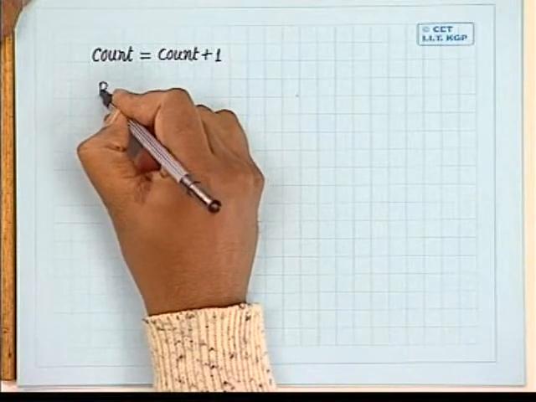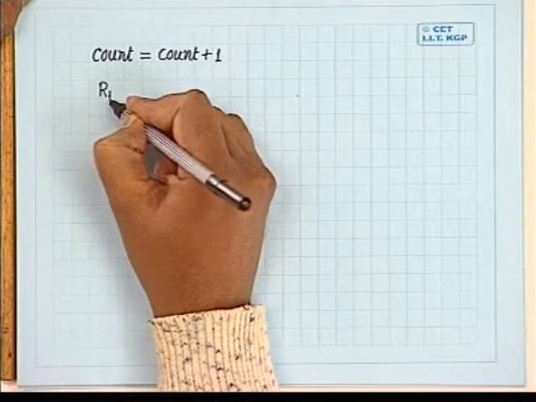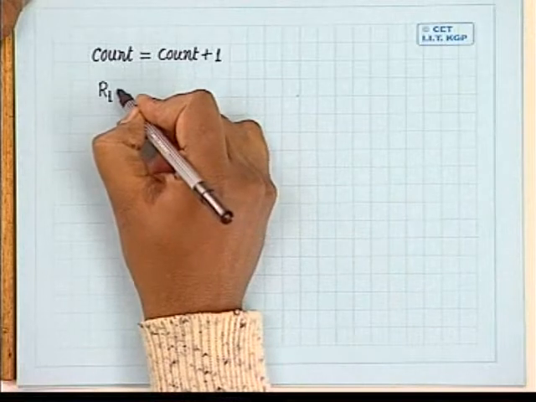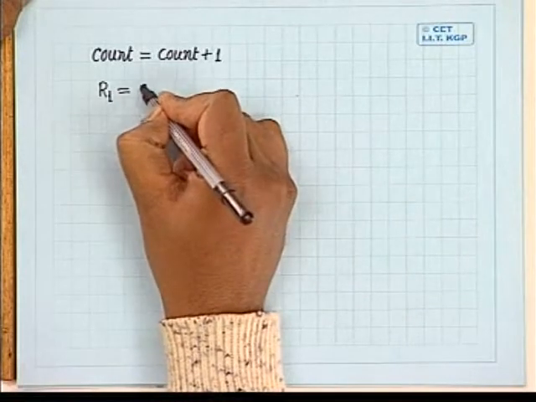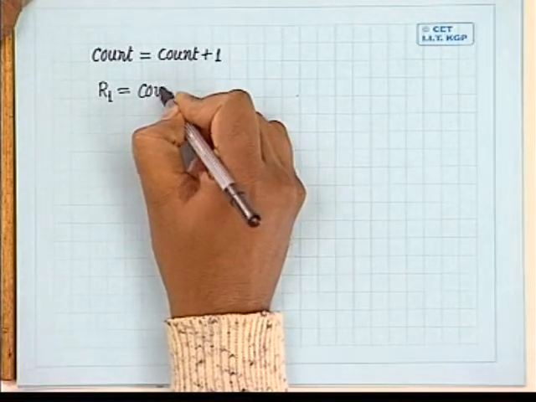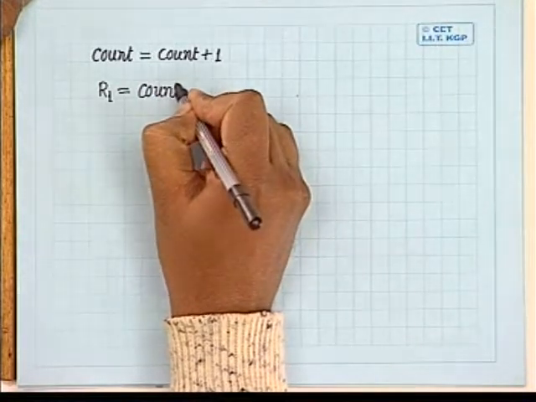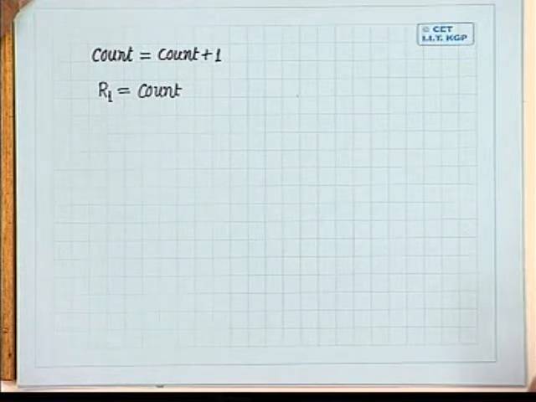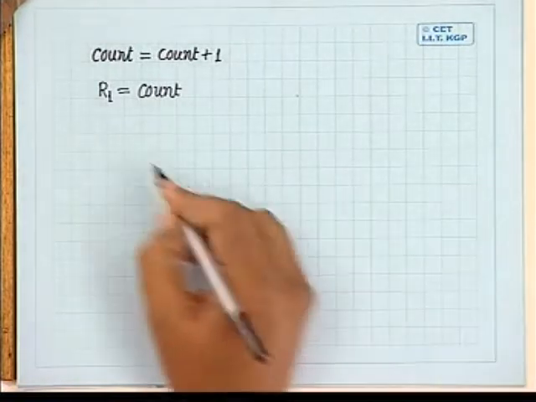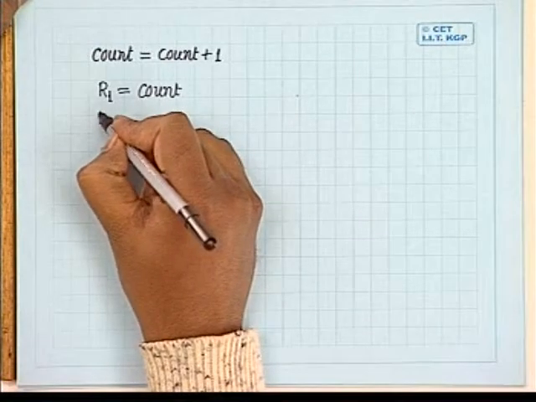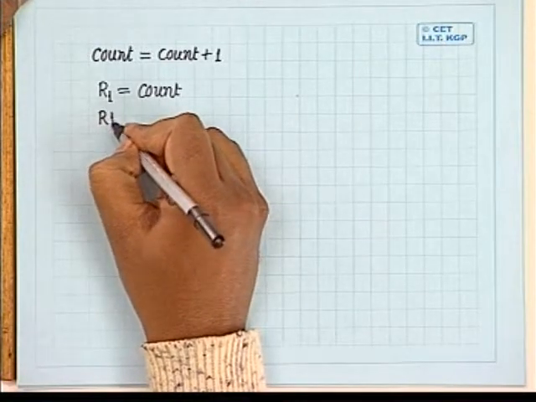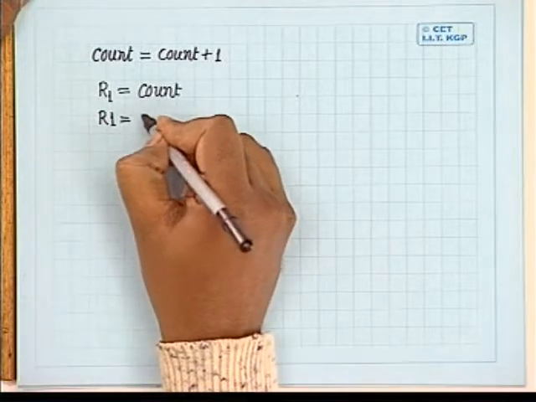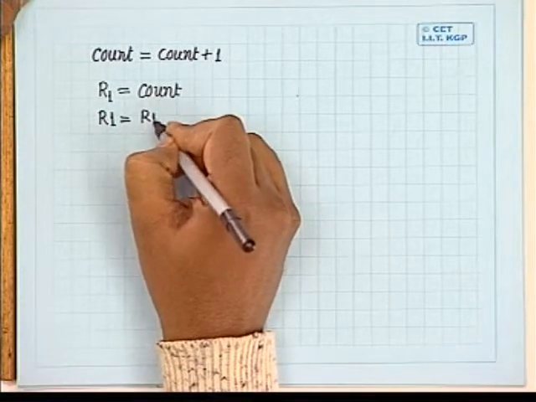Some register in the CPU, let us call it register R1, will be loaded with the value of count. That means the memory location assigned to variable count will be read, and the data will be placed into register R1. After that, register R1 will be incremented by 1, so R1 becomes R1 plus 1.